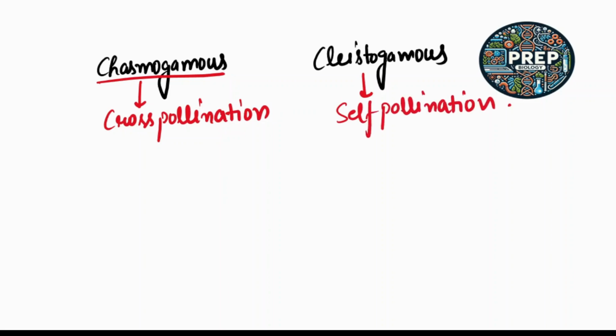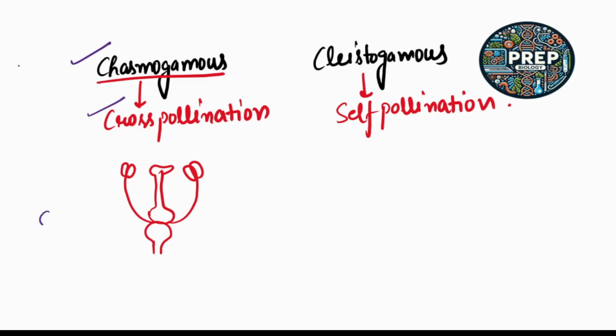Let us discuss this term. So we know that this is the female part and this is the male part. So what is cross pollination? Cross pollination means the transfer of the pollen. This is one plant and this is another plant.